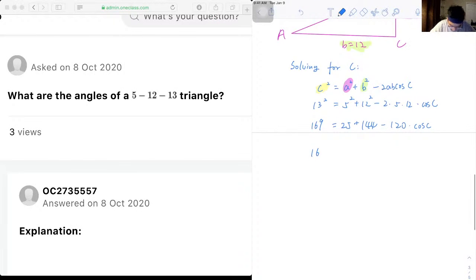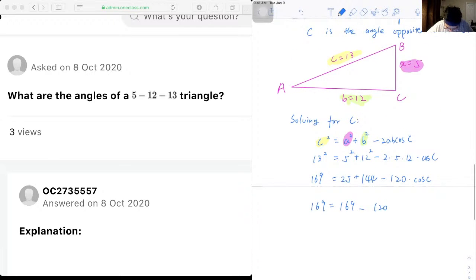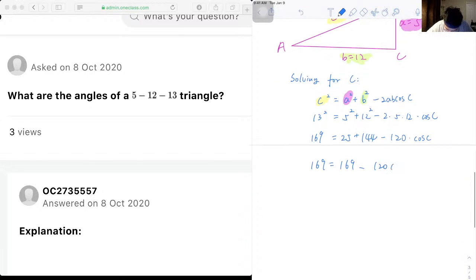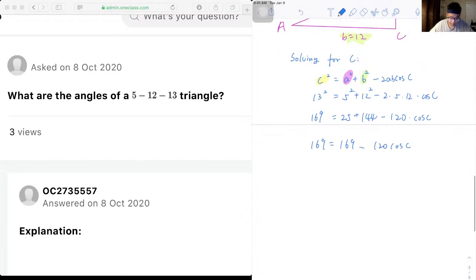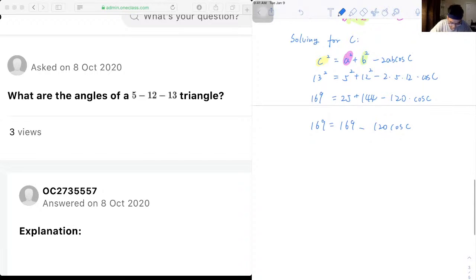Okay, it's good now. So 169 is equal to 25 plus 144, which is 169 minus 120 times cosine C. Okay, so now we just minus 169 from both sides.